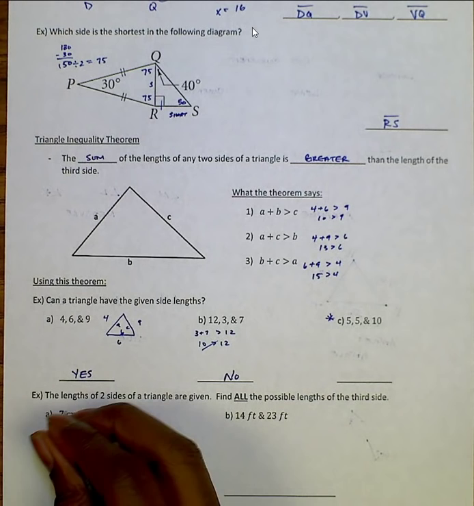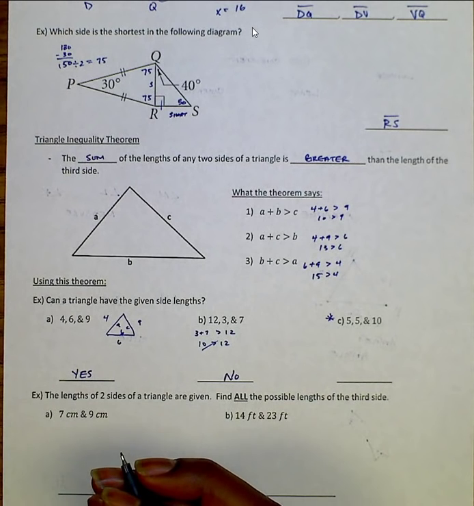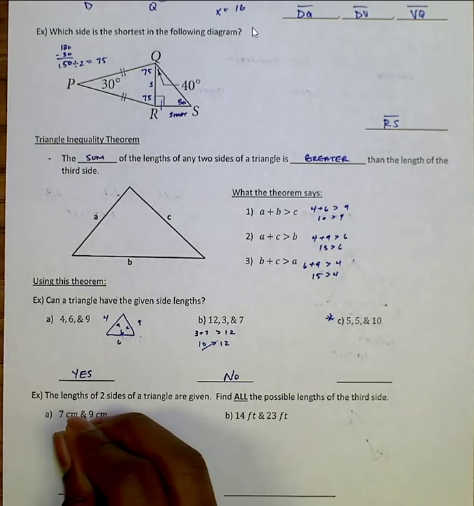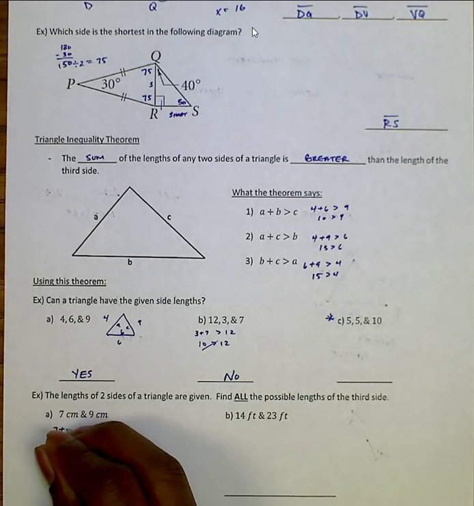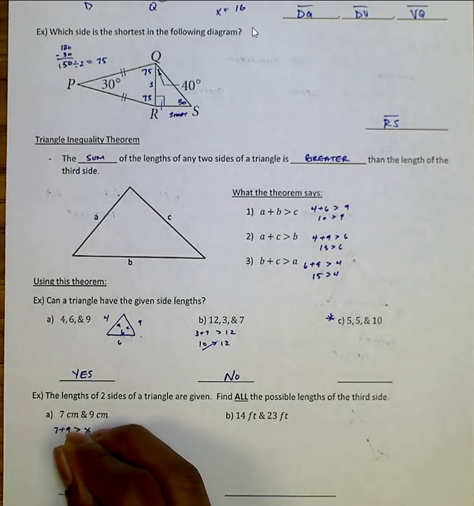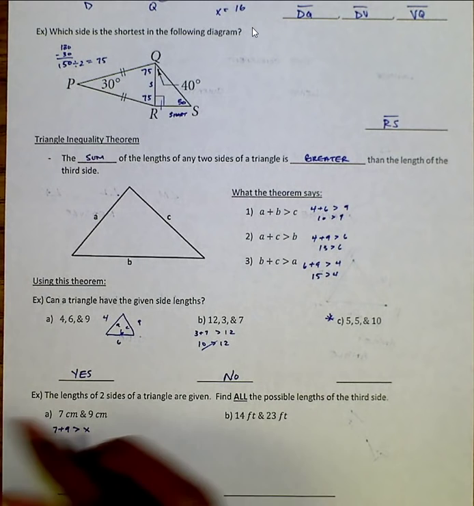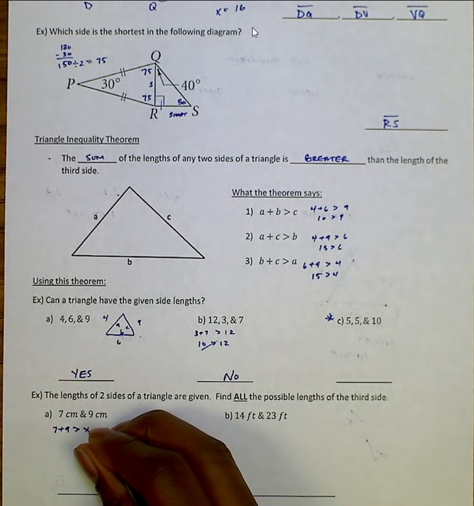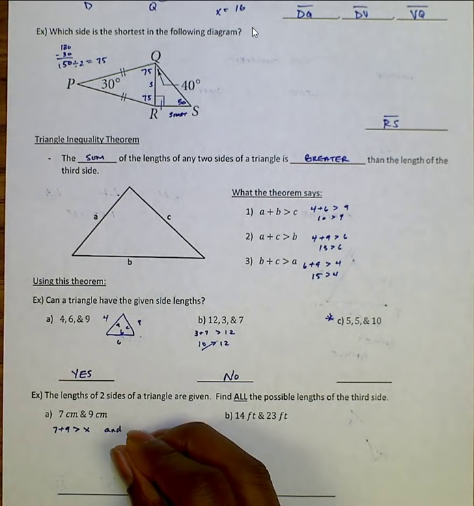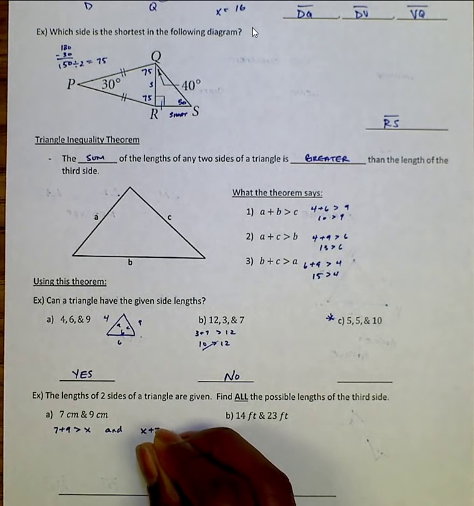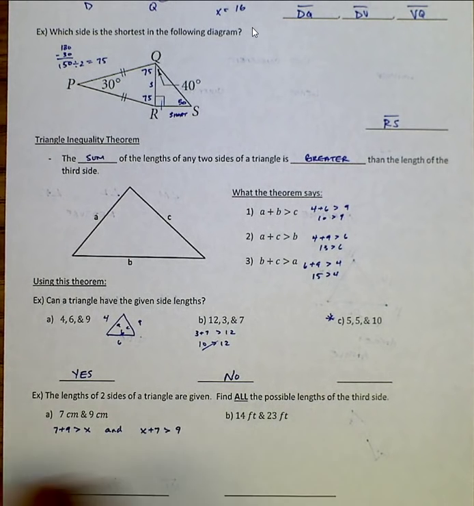I'm just going to call this side x. Okay, we know that 7 plus 9 has to be greater than x. The sum of two sides has to be greater than the third side. And we know that the sum of the two smaller sides, x plus 7, has to be greater than 9.